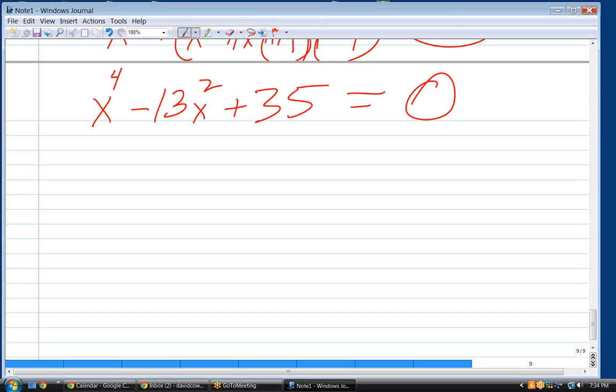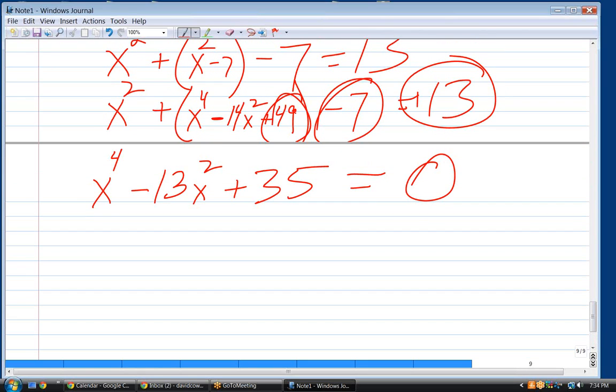No. It'd be so much better if it was 8 and 5. Could I have gotten the wrong number here? 49 minus 7 is 42, minus 13 is 35. Wait, 42. Let it be 39.